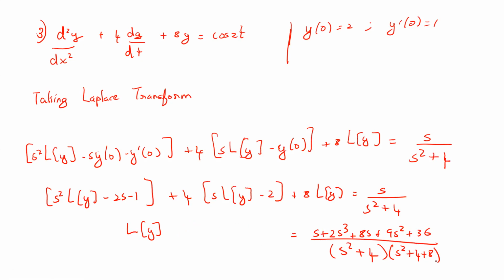Now what we have to do is take the Laplace inverse on both sides, such that on the left hand side the forward transformation and the backward transformation just become y. So y is nothing but the Laplace inverse of this quantity. Solving this differential equation comes down to finding the Laplace inverse of this quantity, and that is what the rest of this video will entail.